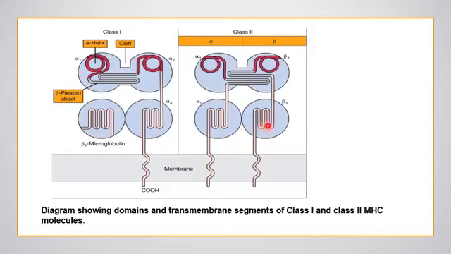So it is presented on the antigen presenting cells, the expressed MSC class 2 molecules on the professional antigen presenting cells: B cells, macrophages, and the dendritic cells. So the first thing, MSC class 2 is expressed on the dendritic cells, on the B cells, and the macrophages, okay, which are called the professional antigen presenting cells.